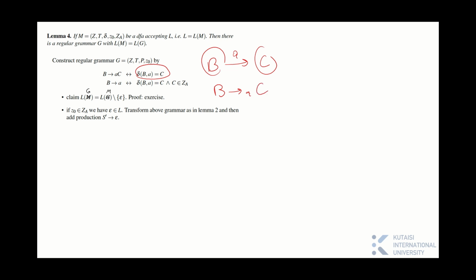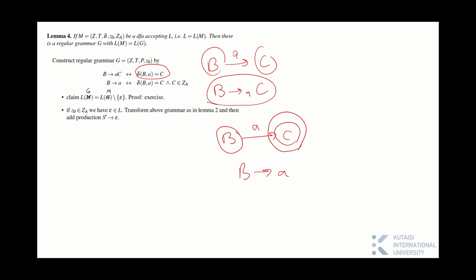And if from state B, when I read a, I go to state C, and if C is accepting, then I create this production. That's it. So I look at my DFA. For all transitions, I add these production rules, and for all transitions that go to an accepting state, I add this production.